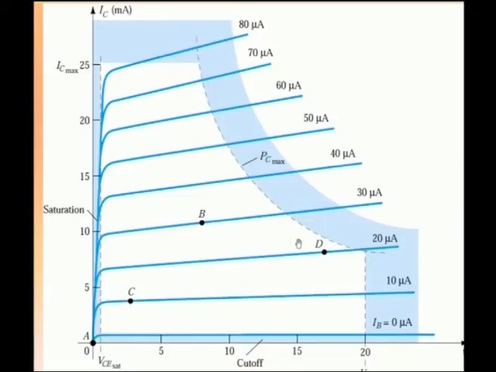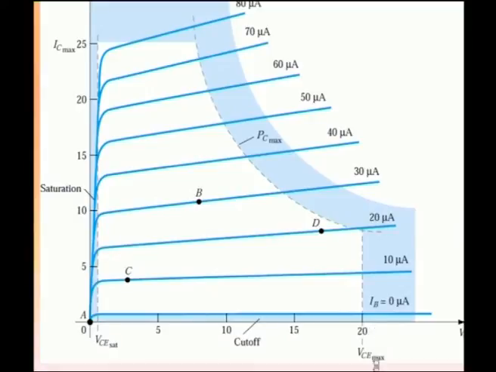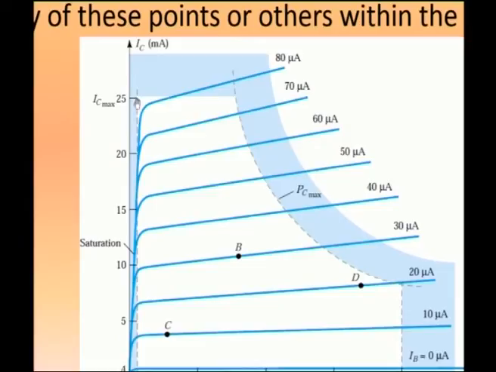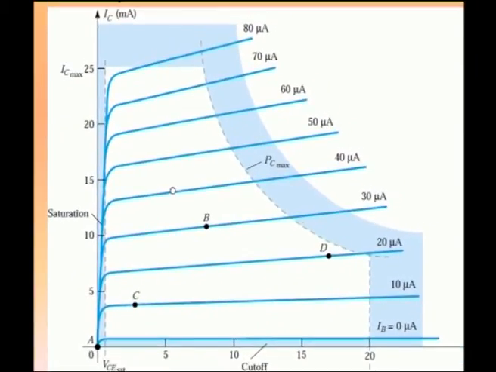And what happened to this point D? It is closer to the maximum value. See here, this is the VCE maximum, beyond which we cannot give any voltage to the transistor. This is the maximum value of the output voltage, and here this is the maximum current for the transistor, beyond which the transistor cannot withstand.